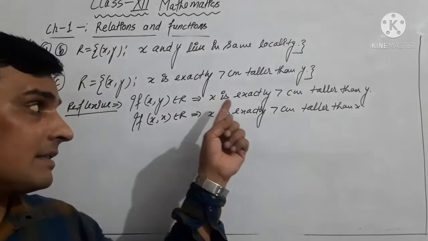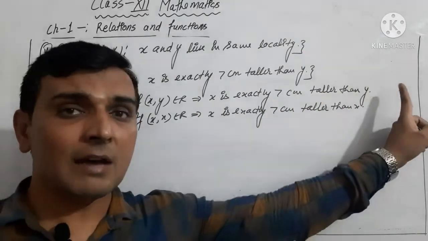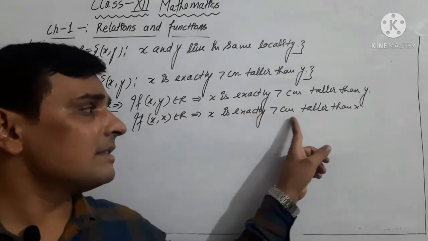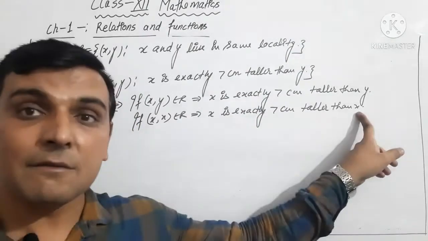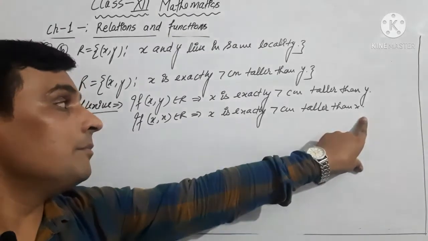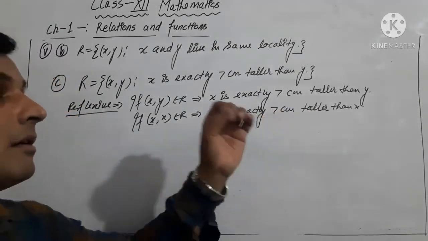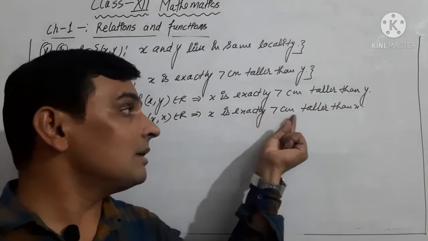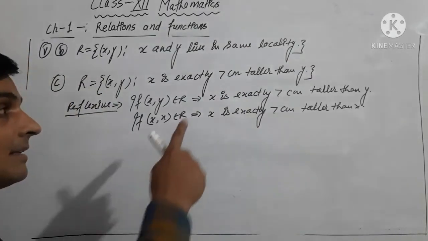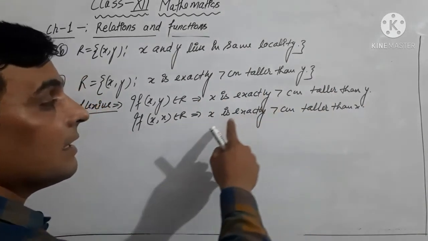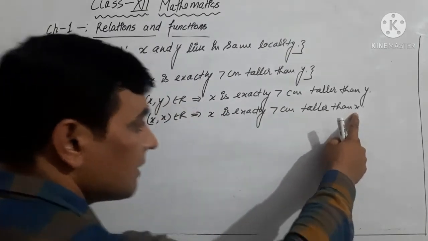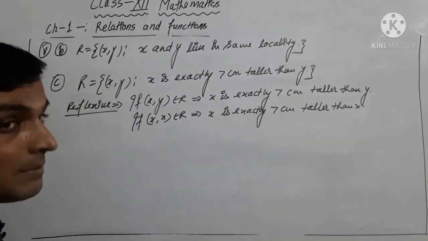If x is exactly 7 centimeter taller than y, then x will not be exactly 7 centimeter taller than himself or herself, because x will be equal to himself or herself.